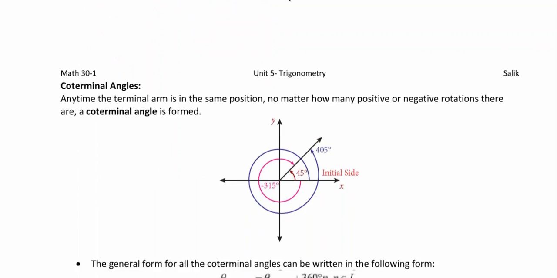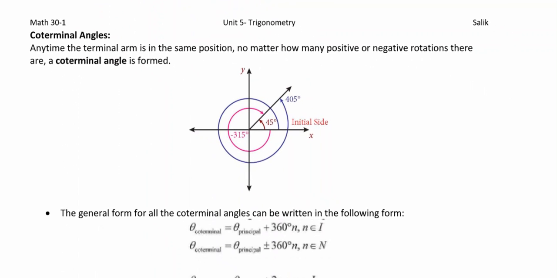So, all right, coterminal angles. This is an important concept. This word comes up a lot in your questions, so make sure you're really paying attention on this one. Anytime the terminal arm is in the same position, no matter how many positive or negative rotations there are, a coterminal angle is formed. So what that means is, let's say, look at 45 here, right?